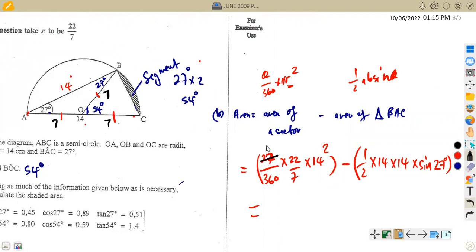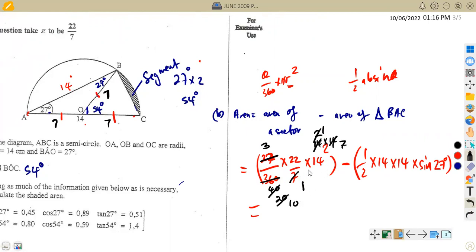By 9 here, 27, that's 3. 9 into 360, that's 9 into 36, that's 40 here. Okay, we can reduce also by 7 here. Remember here it was 14 times 14, so 7 into 14 is 2. 2 here it's 1, 2 into 40, that's 20. We can reduce again by 2, that's 7, by 2, that's 10.